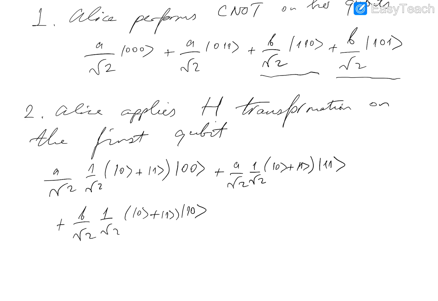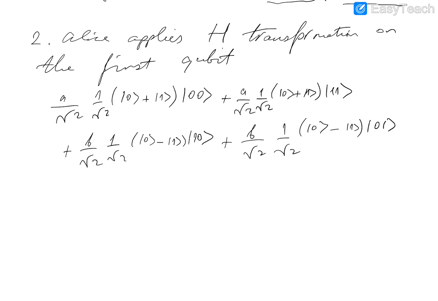And then finally, we're going to write b over square root 2 times 1 over square root 2. Sorry, this should be minus, okay, because Hadamard of 1 is 0 minus 1. So this should be minus. And then similarly, we have 0 minus 1, (0, 1). And if we distribute this, this is equal to a over square root 2, 0, 0, 0, plus, sorry, a over 2.